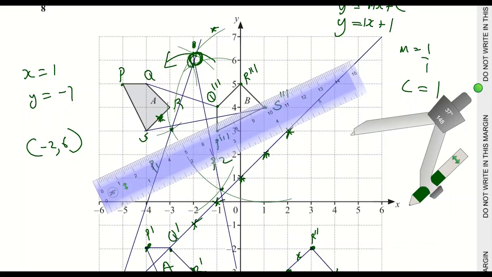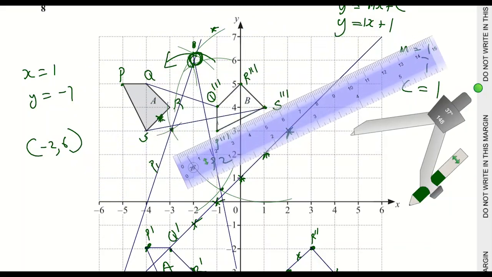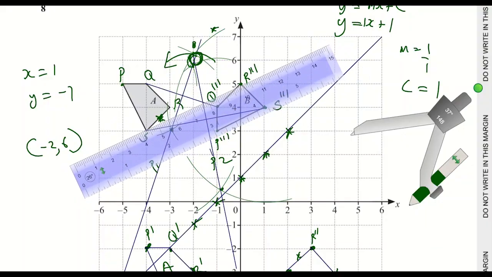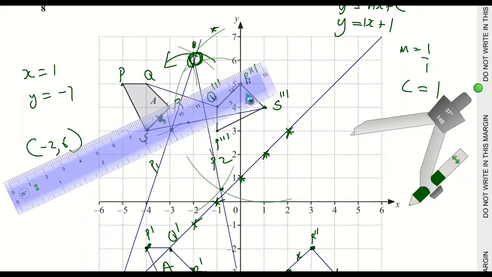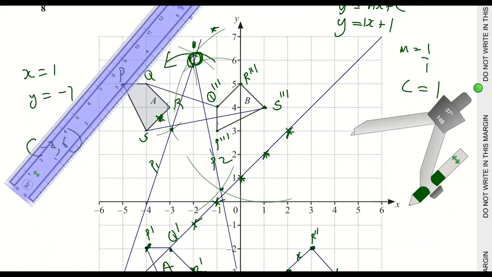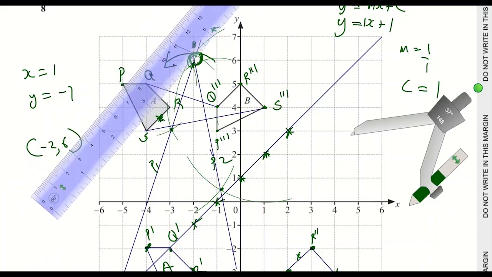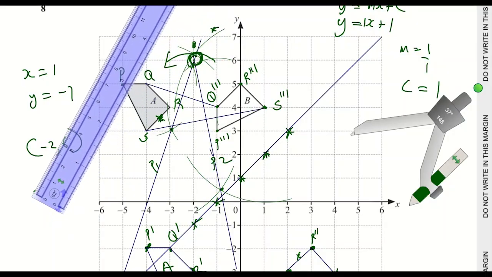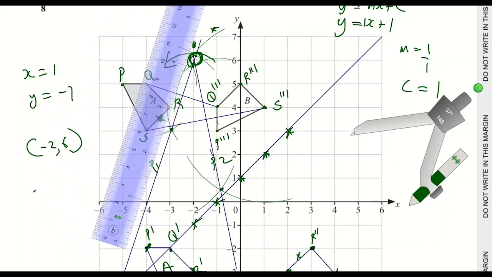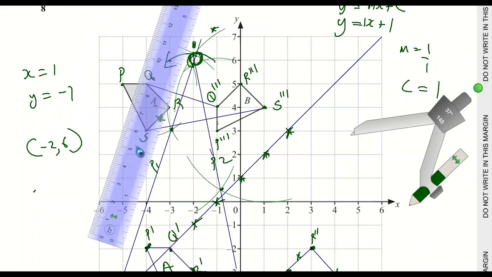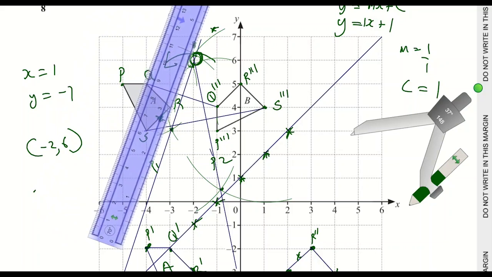I'm going to take from R to the center of rotation, which is this point. I want to use point R now. Good. Let's adjust it now.